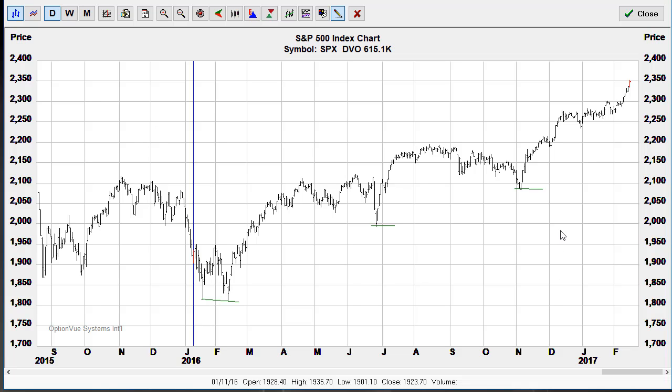So we take note of them so that we know at the 2100 level, if we have a trade that's active and alive, that doesn't require any necessary adjustment until, say, 2000 or 1950 or lower. When we hit this level, there's nothing to do but just monitor and watch how the market behaves.